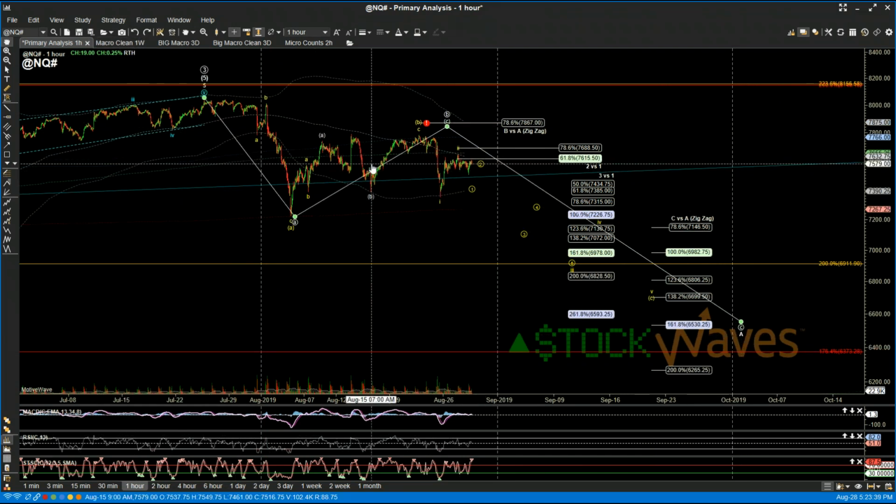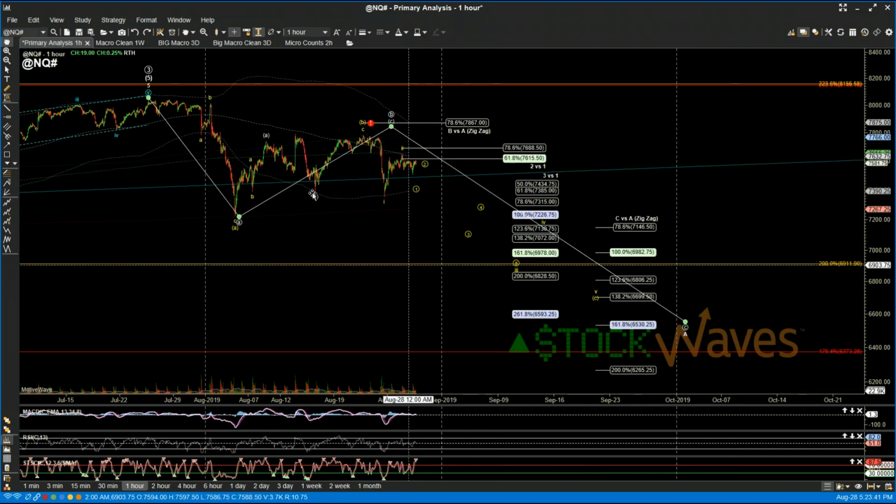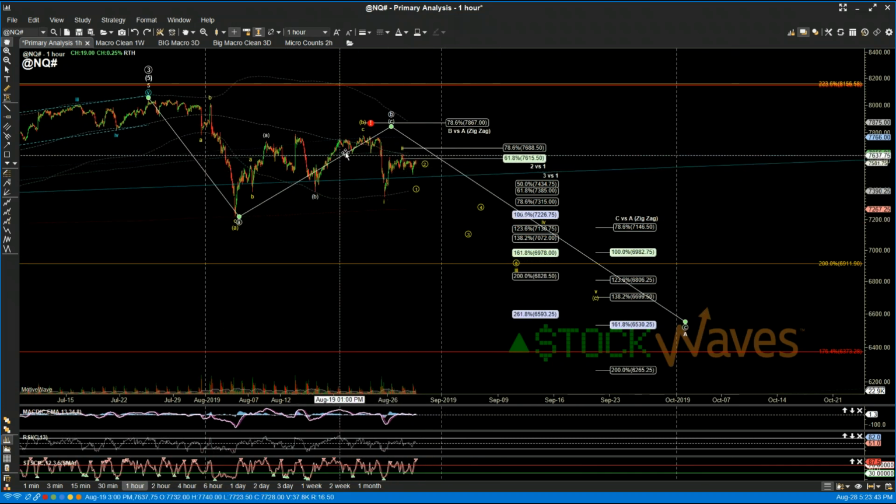So that's the only difference that I really see with the NASDAQ.